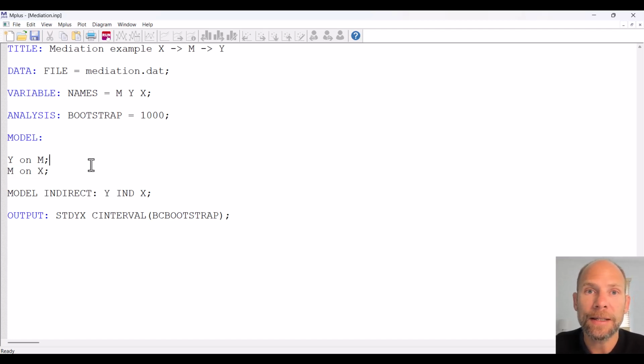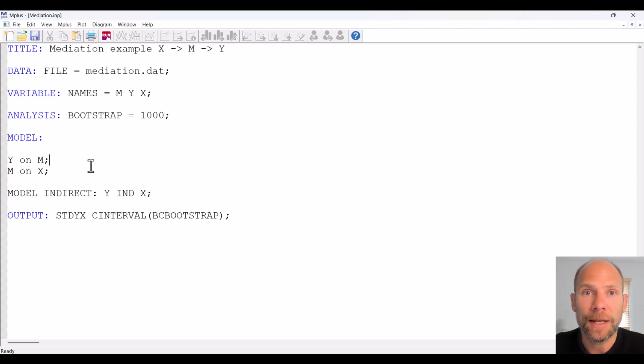Notice that in this case I did not include a direct effect from x to y. And so therefore this model will allow us to first of all test whether mediation is complete or whether we have full mediation. That could be one step in testing a mediation model, to leave out direct paths that are hypothesized to be zero in the population.